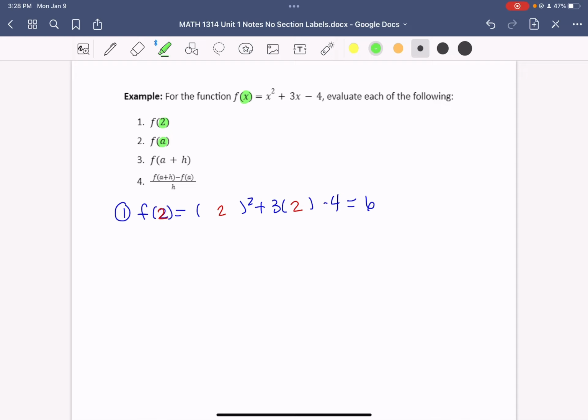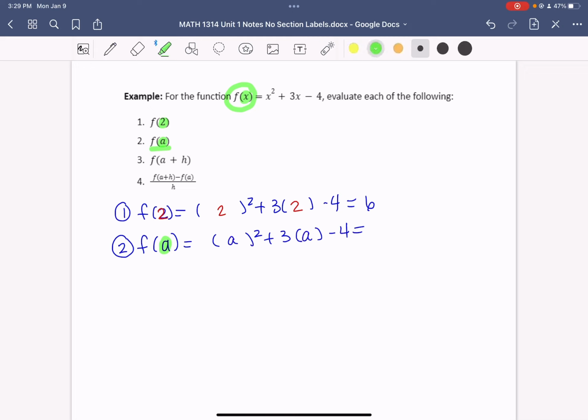Now in the next one, they have a plugged in. So instead of x for f of x, we're going to be plugging in a. So I'm saying, okay, well then number 2, f of a. I'm going to follow my same procedure. I'm going to draw my blank parentheses. And then anywhere I have parentheses, I'm going to plug in what they assigned it. And in this case, they assigned a.